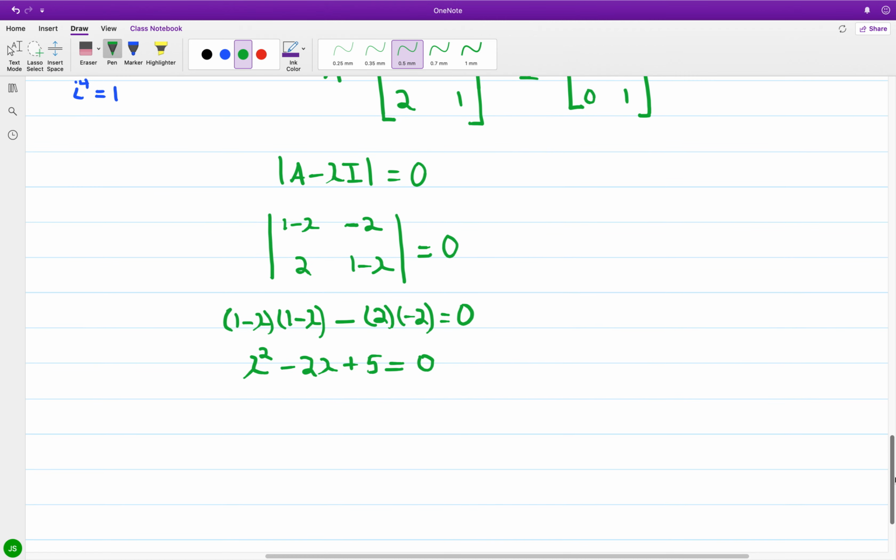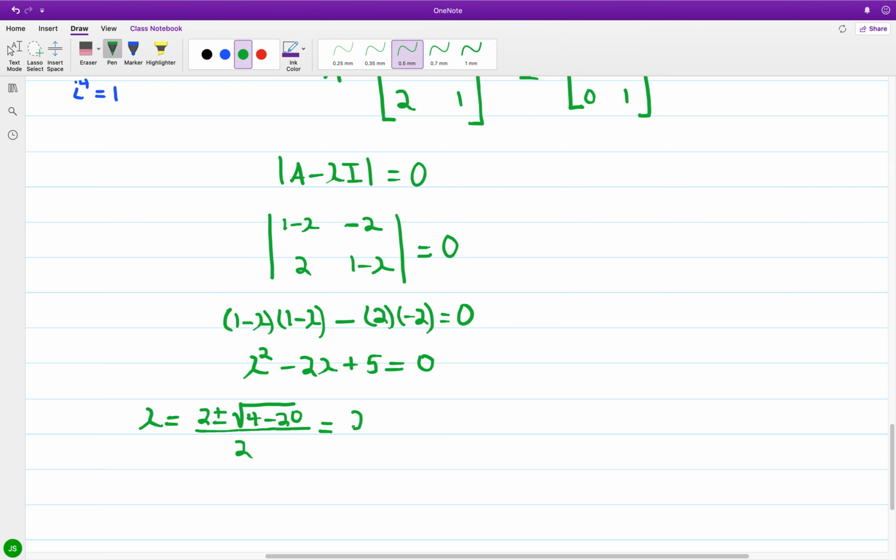And if you were to apply the quadratic formula, you have a at 1, b at -2, c at 5. So you'd be looking at 2 plus or minus the square root of b squared, which is -2 squared, which would be 4, minus 4 times 1 times 5, so minus 20, over 2 times 1, which will be 2.